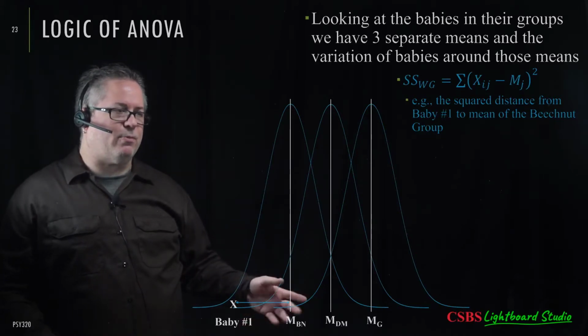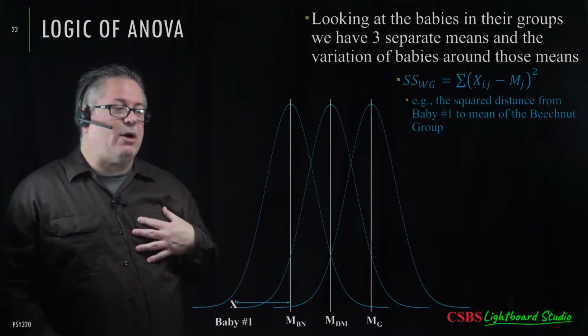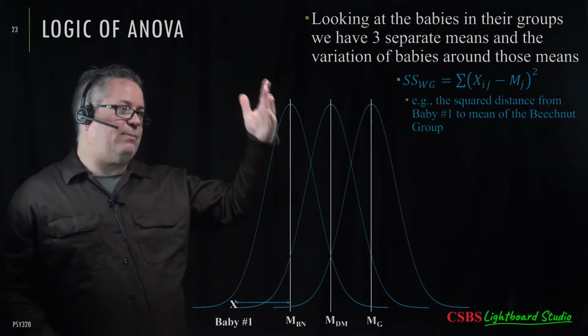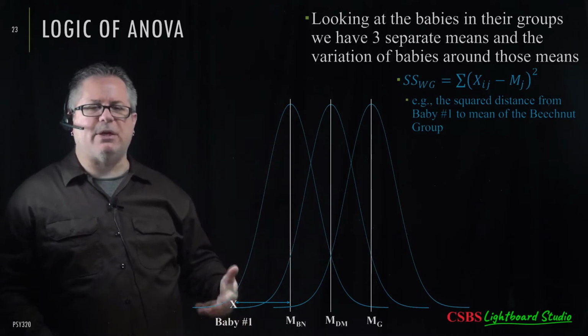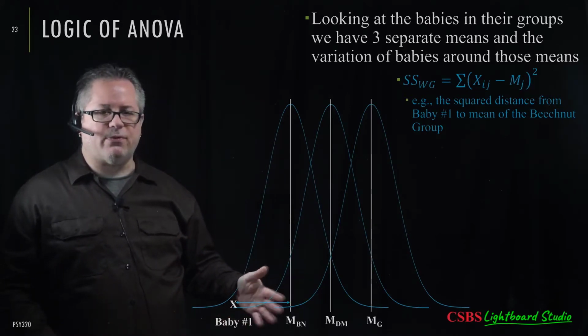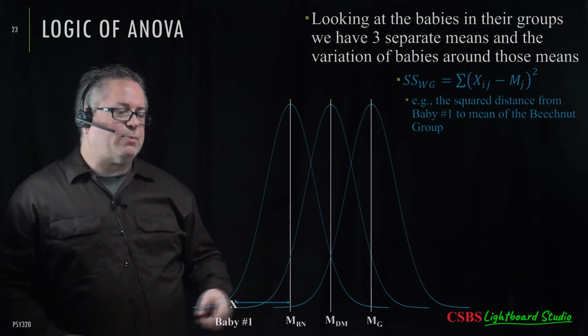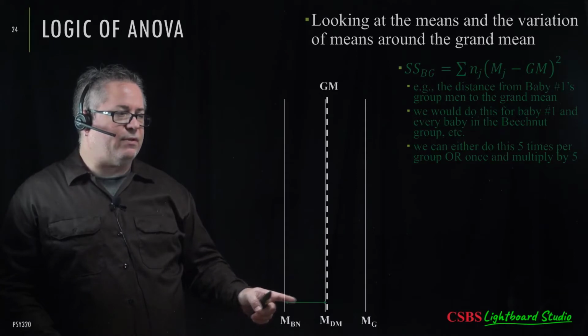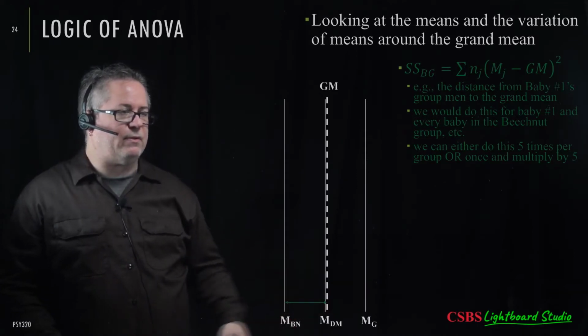There's something about those babies that are different that I can't explain. All I know is they all got the same food. They should have the same number, because they're all getting the same food, but they don't. There's always going to be some variability, which we think of as sort of random noise. But I can explain why this mean is different than that mean is different than that mean, because they got the different brands.